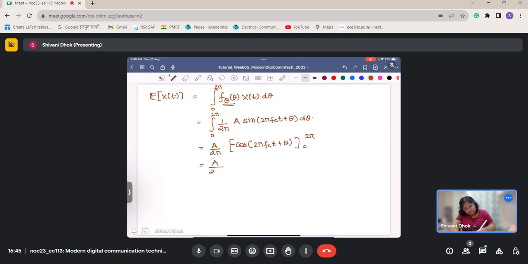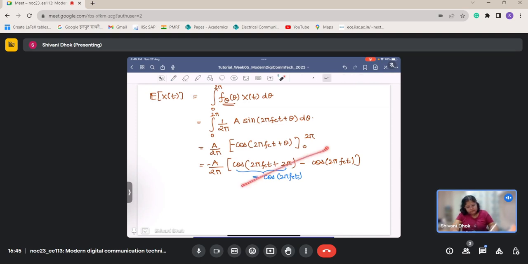So this is A upon 2 pi, let's say a minus sign here, cos of 2 pi fc t plus 2 pi minus cos of 2 pi fc t. Now again, cos of anything plus 2 pi is again equal to cos of 2 pi fc t, so this entire term goes to 0. So now this is basically equal to 0.